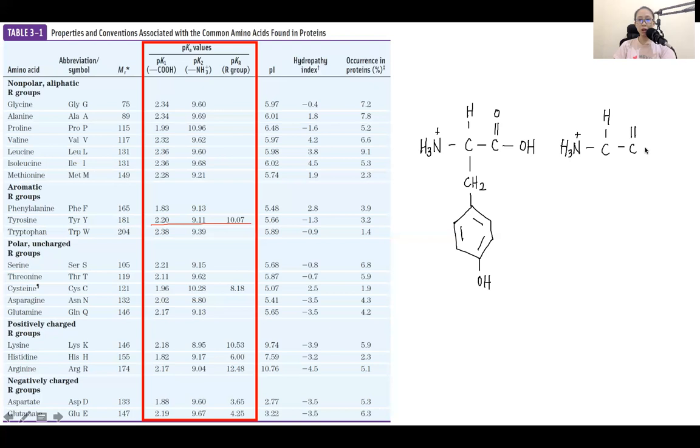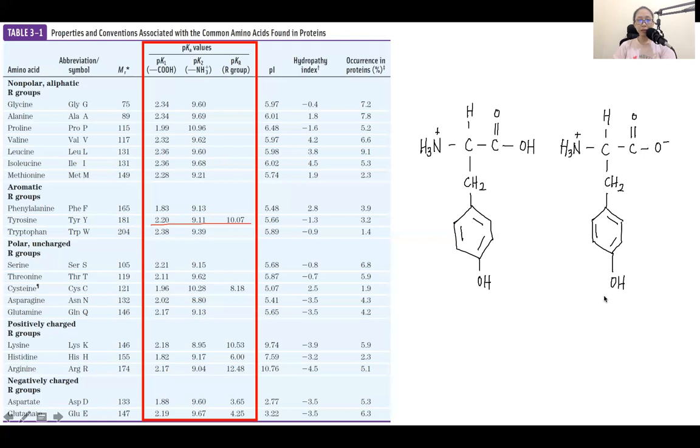So you have an O negative here. So again, at pH 2.2, we have an equal amount of these two molecules in the system.